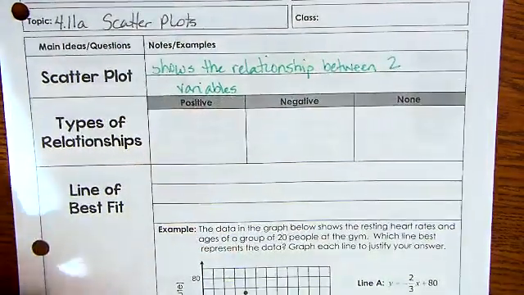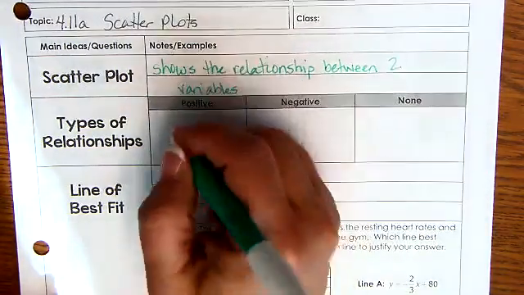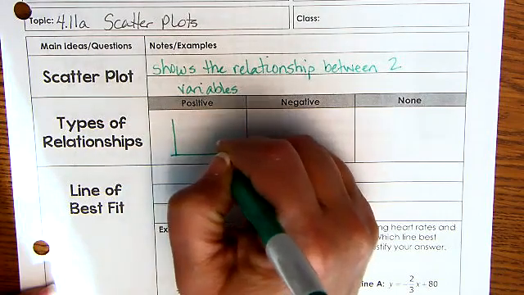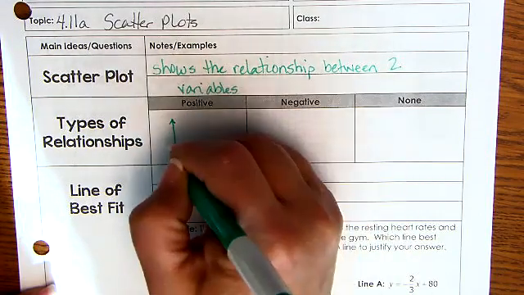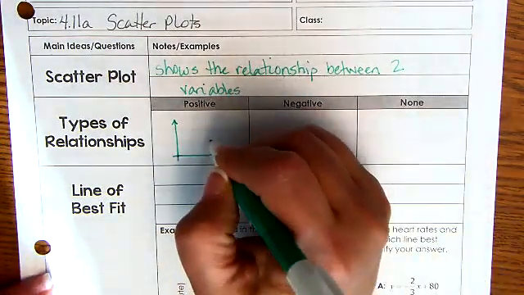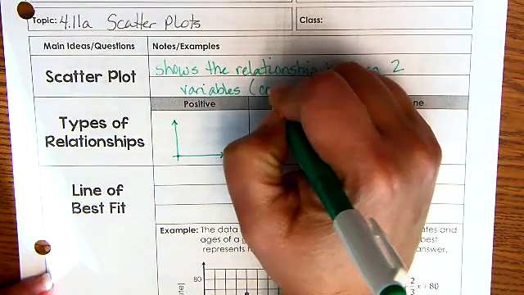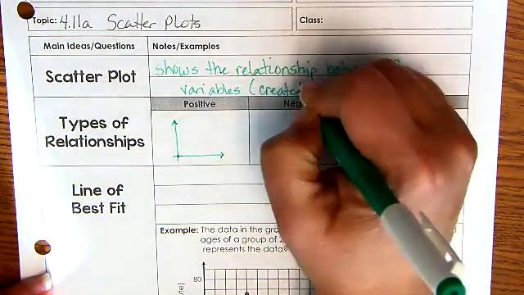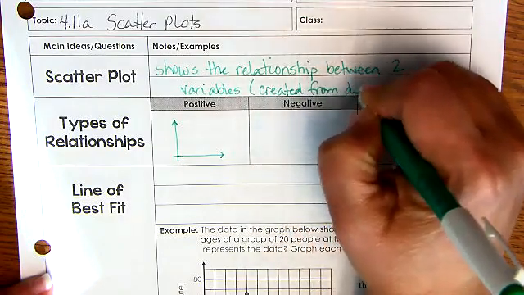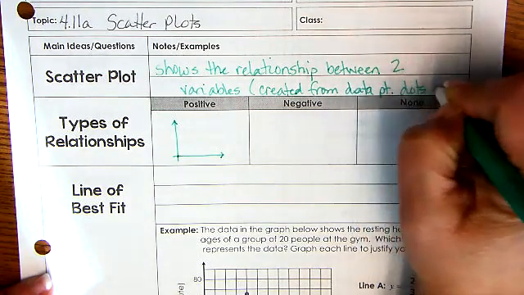Okay, so in general, now let's talk about the types of relationships. It's going to be on a first quadrant coordinate plane. For it to have a positive relationship, the scatter plot is created from data point dots.